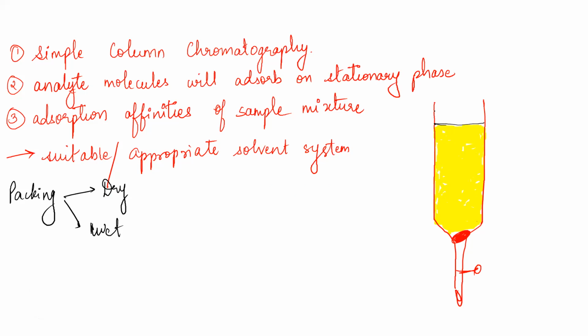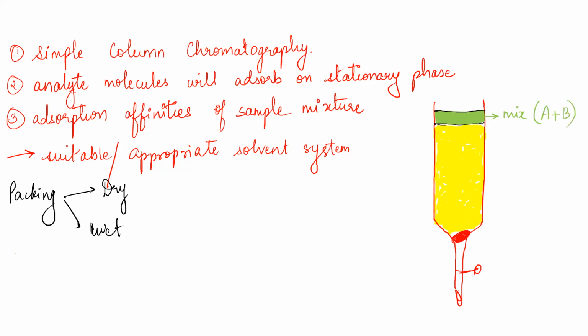What will you do now? You're going to load your mixture on the top. So this is my mixture, and this mixture has the analyte that is to be separated. Let us say A plus B is my mixture.